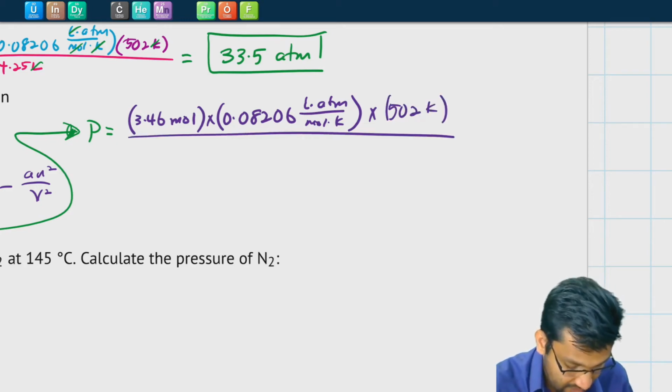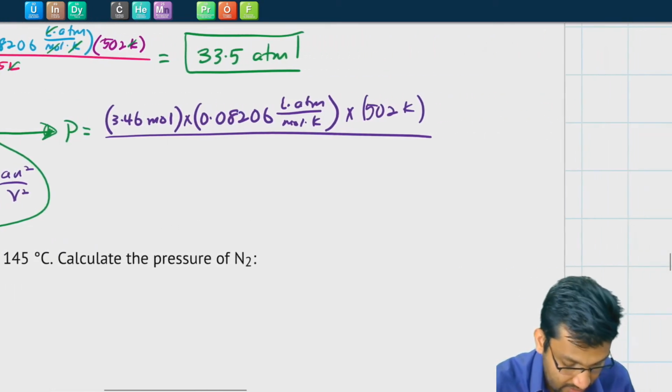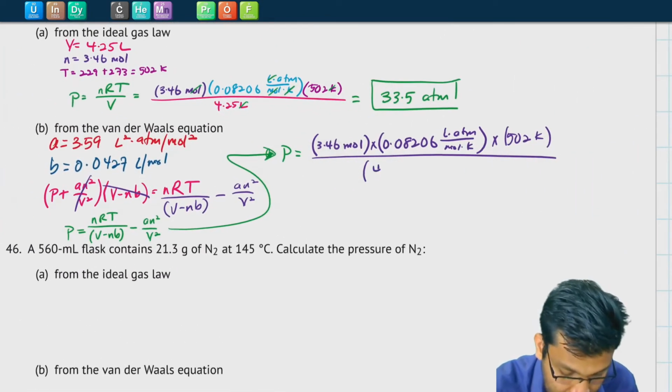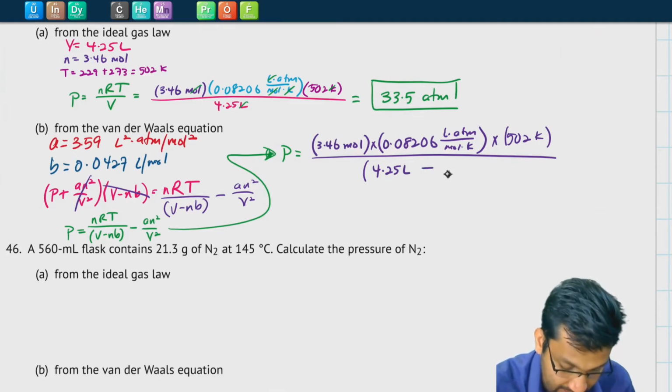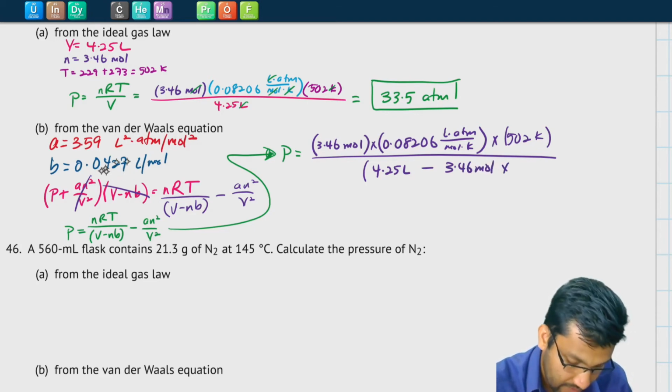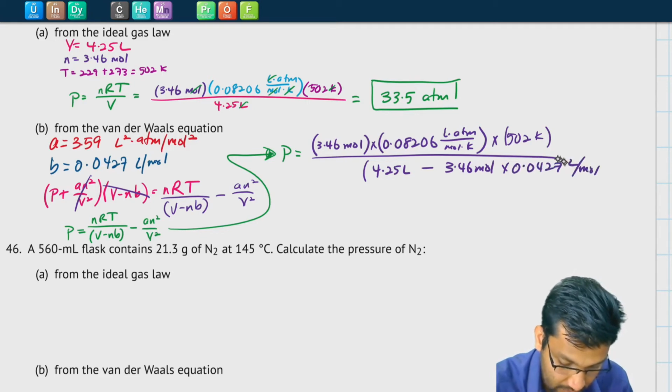Instead of dividing by V though, we're dividing by V minus NB, so V was 4.25 liters. Minus NB, so N is number of moles, which we said was 3.46 moles. And B, we had was up here as 0.0427 liters over moles.